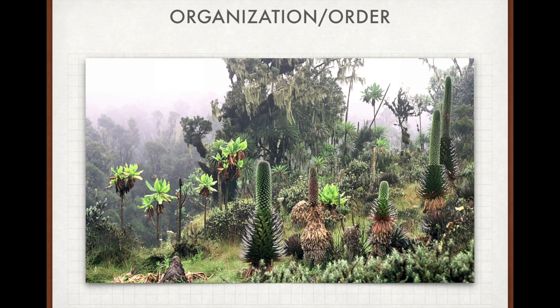So, order and organization are two things that are evident in all living things. You can see here in this picture, in this ecosystem in Africa, a number of different plant species that show some elaborate geometry. All living things have patterns to them, and we're going to focus on a couple of those patterns that we can observe in living things. So here's our focus on organization.